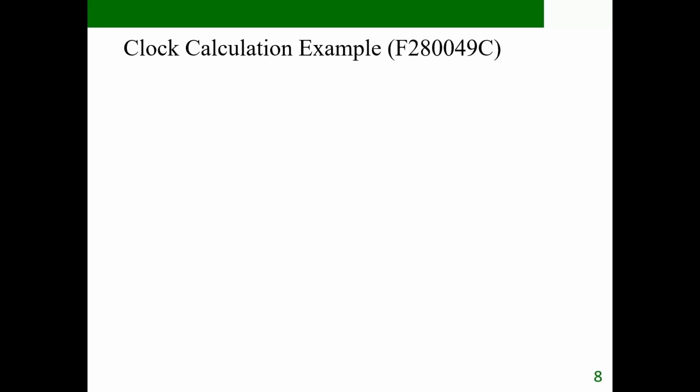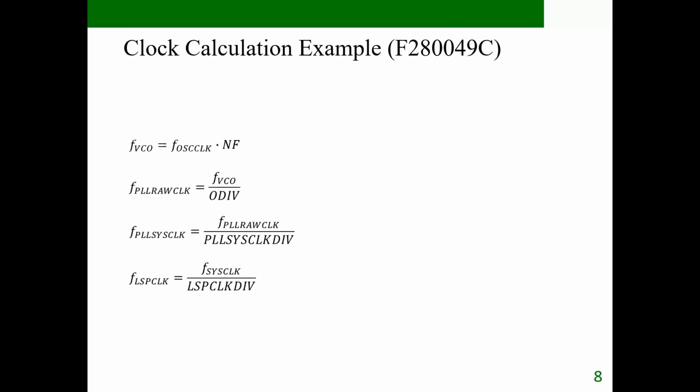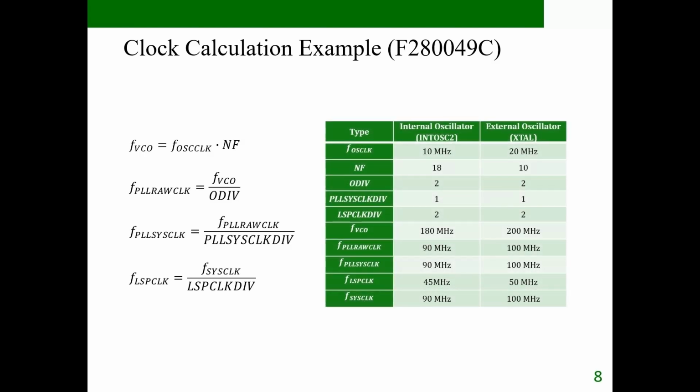We will use the same equations we introduced earlier to calculate the VCO frequency, the PLL raw clock frequency, the system clock frequency, and finally the low-speed peripheral clock frequency. Here are the expressions. Here is also a table comparing two example configurations, one using the internal oscillator 2 and the other using an external crystal oscillator.